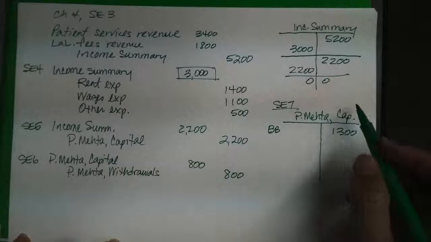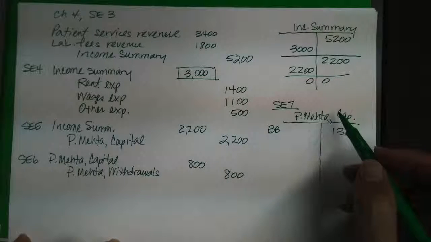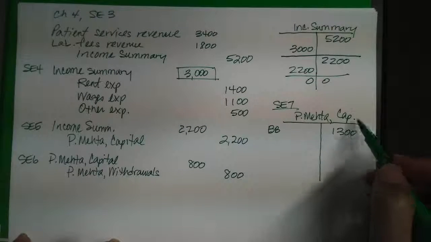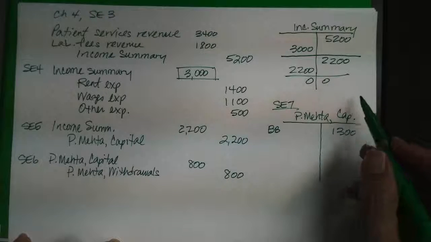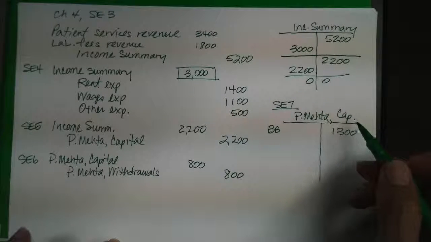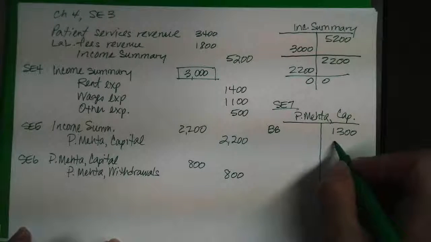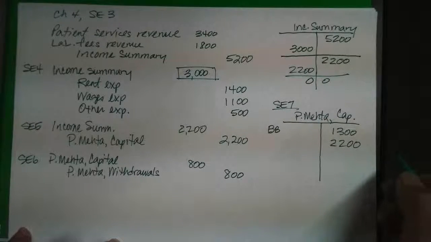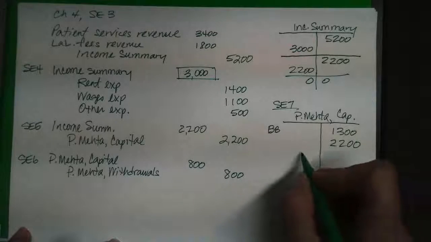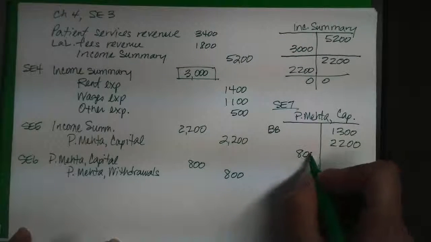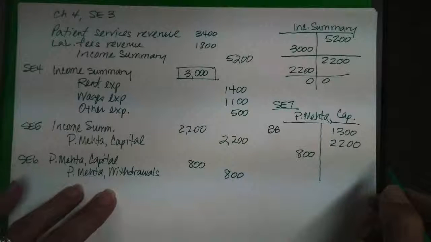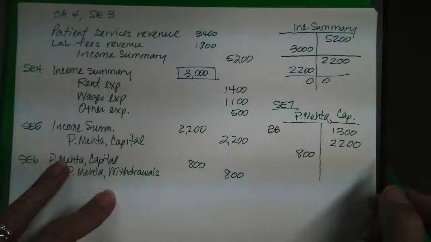It says to show the effect of all the closing entries. Well, we increased the capital by net income, which we took away from the income summary. And then we decreased the capital account by the withdrawal, by closing out the withdrawal account to the capital account.